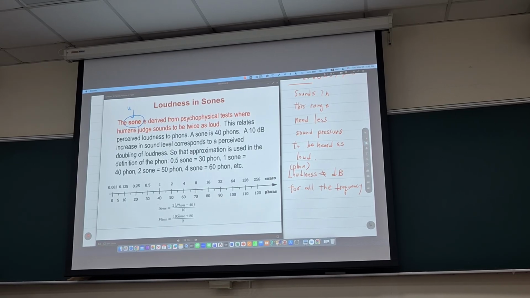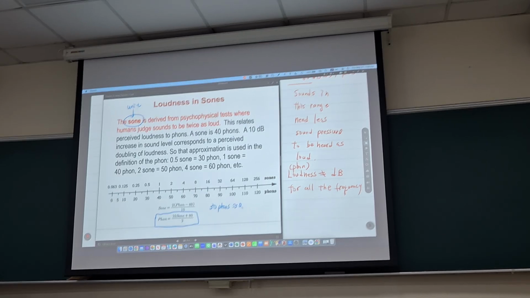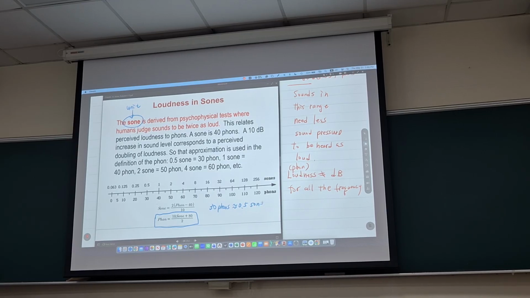Sound is also a unit. The relation between sound and form is here: form equals 10 times sound plus 80, divided by 2. So it's pretty much like 30 forms, close to 0.5 sound.